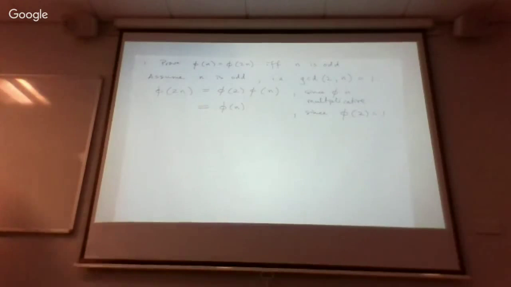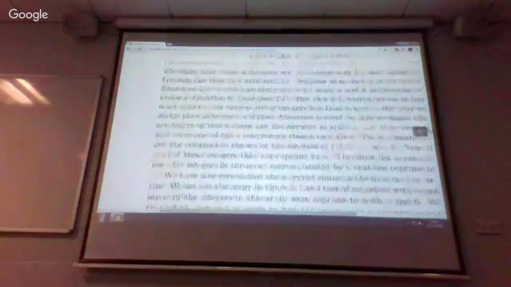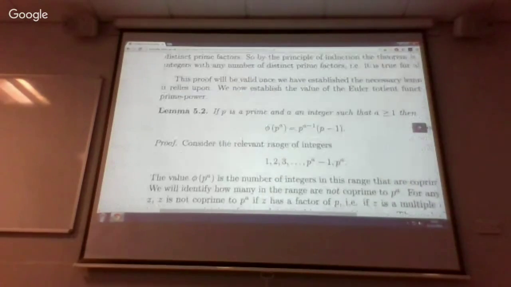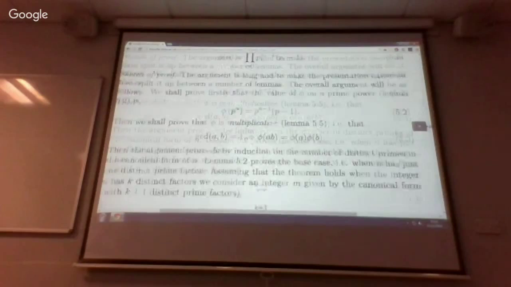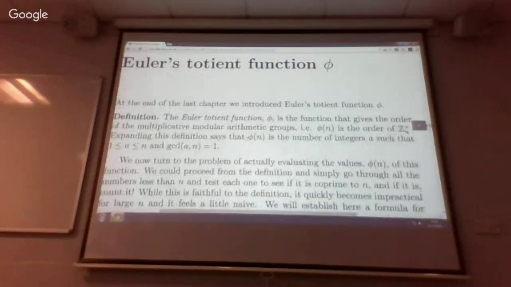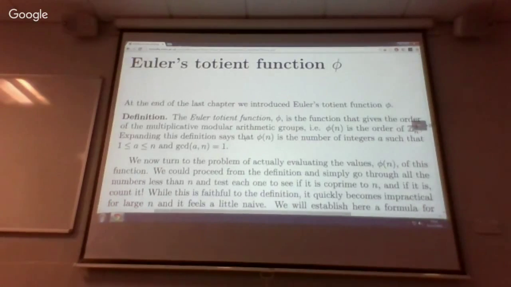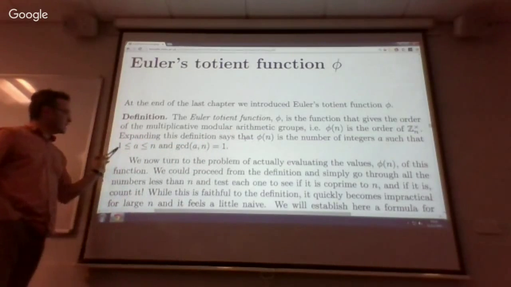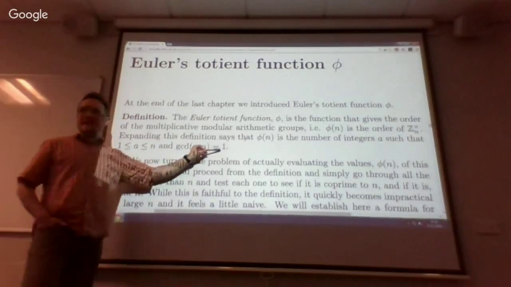Could you just do that again? Phi of 2 is equal to 1. So why is phi of 2 equal to 1? Well, just look back at the definition. The original definition is here. The Euler totient function phi of n is the number of integers a between 1 and n such that a is co-prime to n.